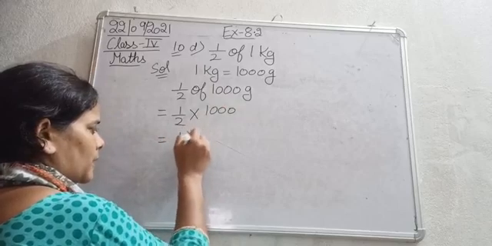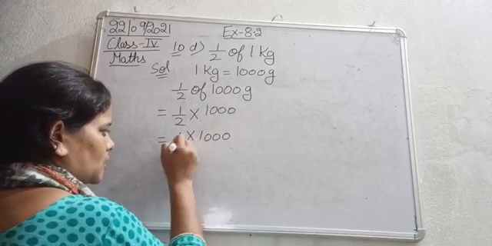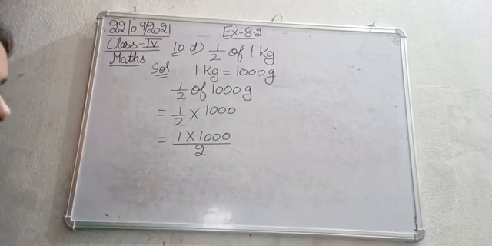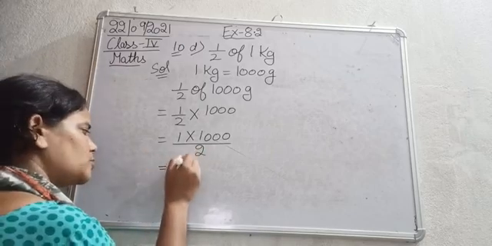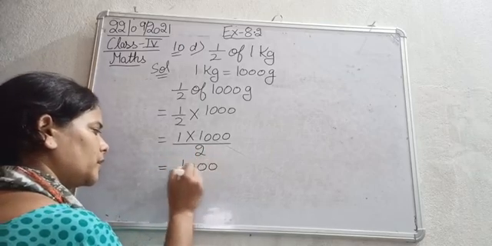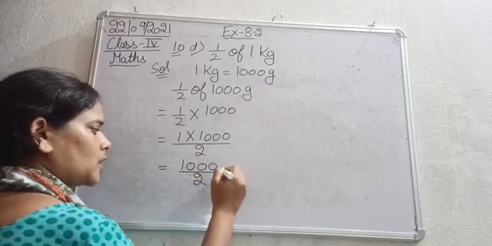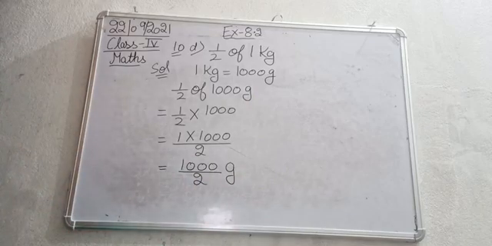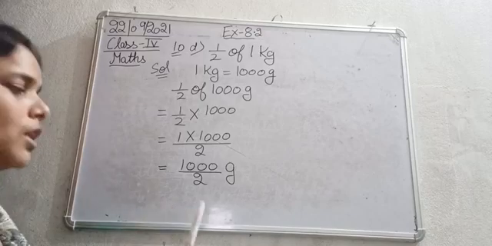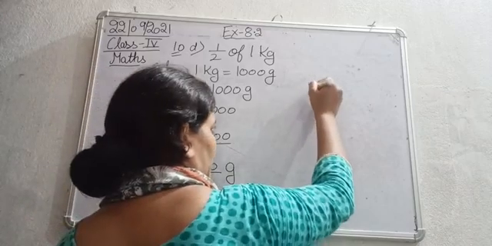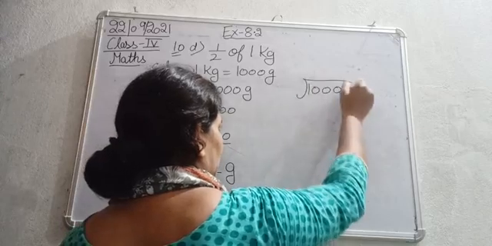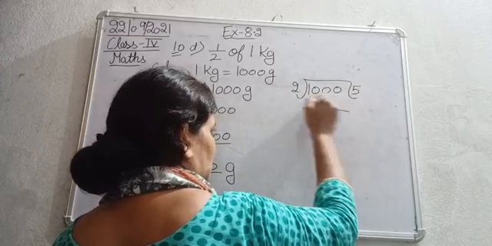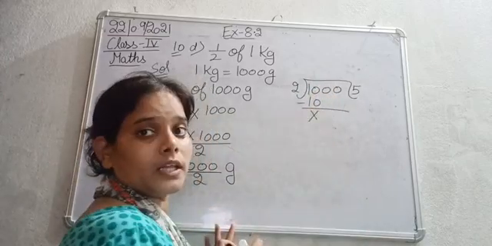So 1 multiplied by 1000 divided by 2. 1 multiplied by 1000 is equal to 1000 in the numerator, 2 in the denominator, and the unit is gram. So we have got 1000 upon 2 grams. Let's divide 1000 by 2. 2 fives are 10. 10 minus 10, nothing is left.